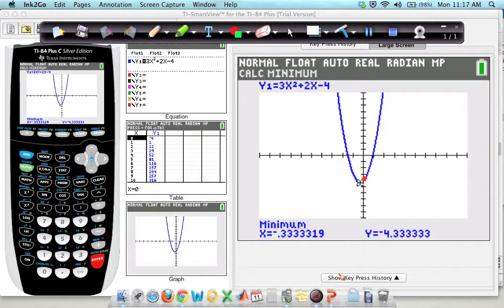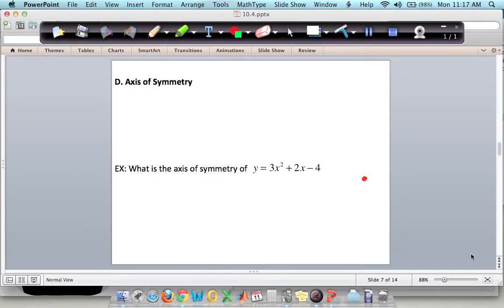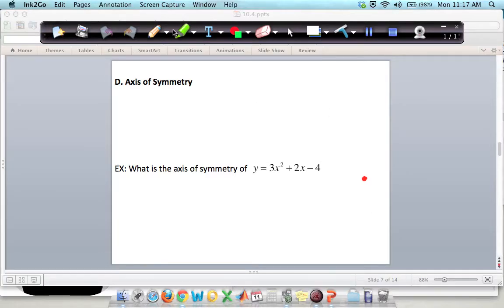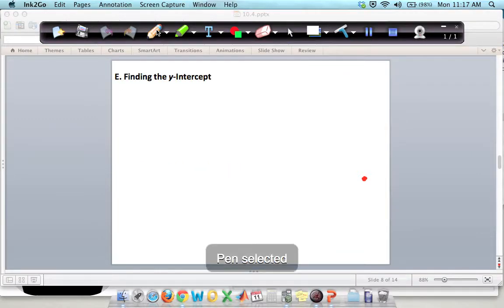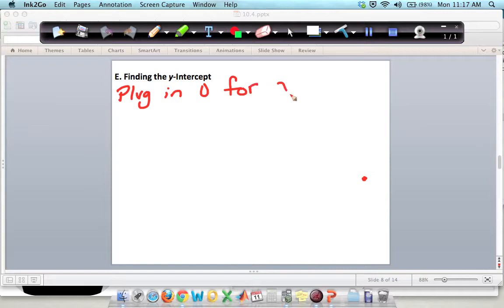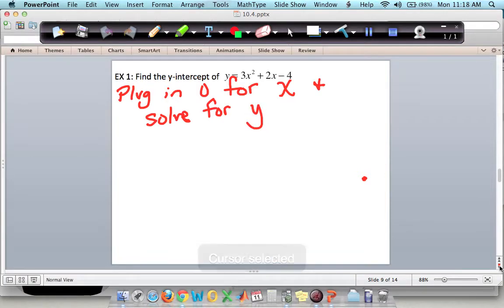So to find the y-intercept, you just plug in 0 for x and solve for y. Okay, and that'll find your y-intercept.